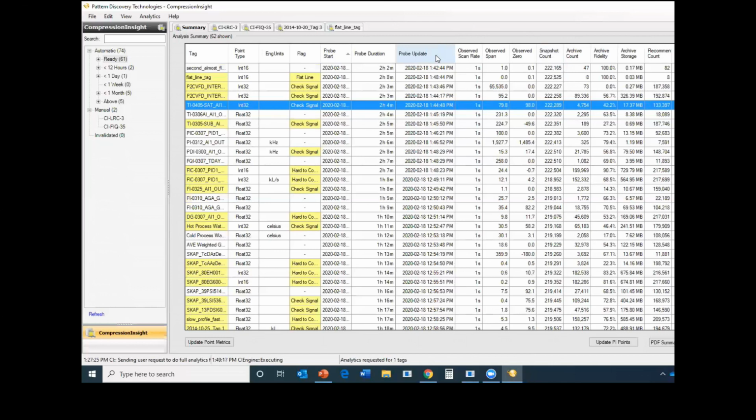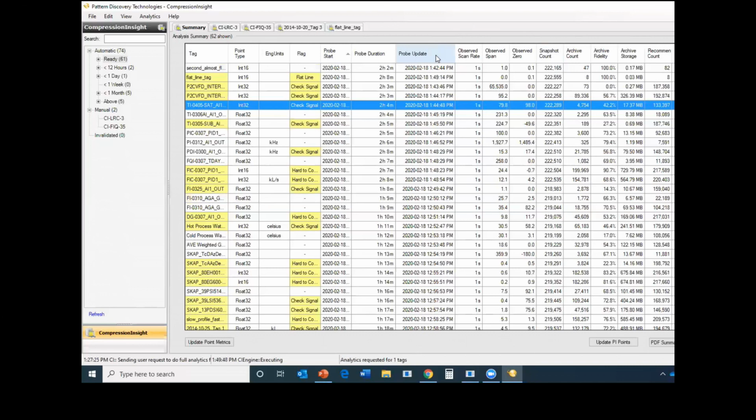The OSIsoft system was developed with their compression algorithms, with some fine tuning of the boxcar and swinging door algorithms, those are the ones that OSIsoft uses for compressing the data that goes into the Pi archive.